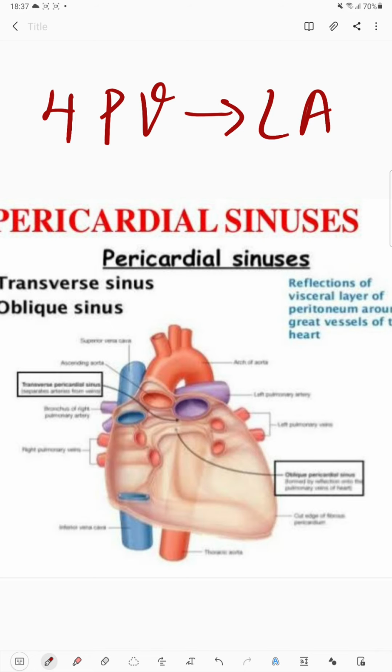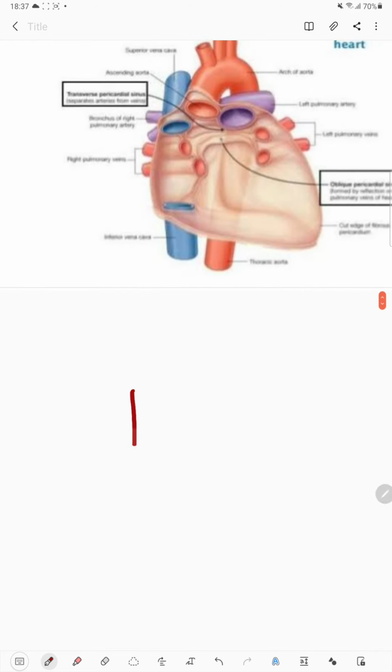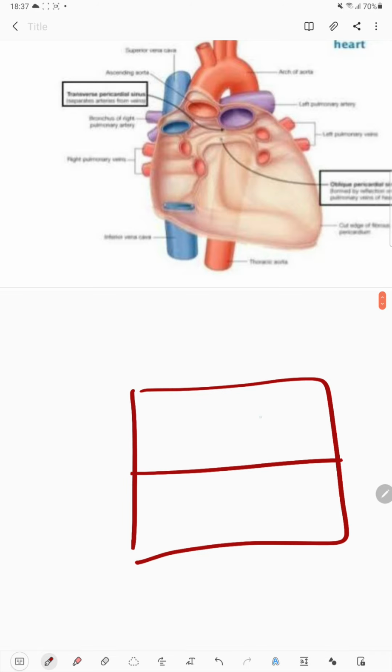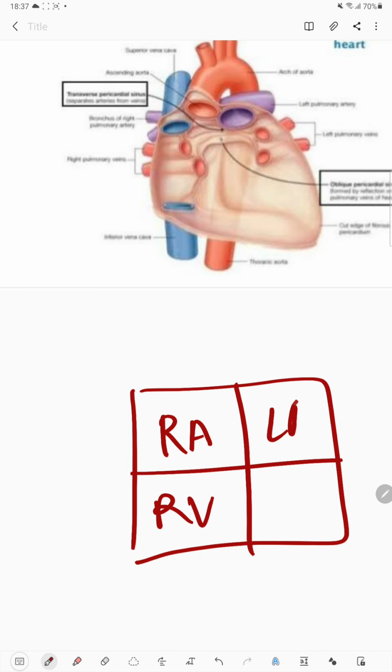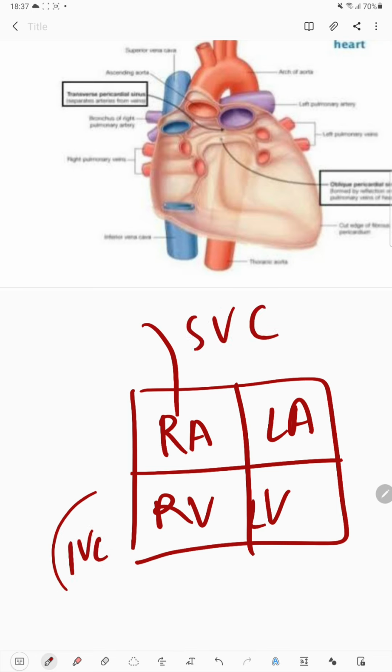The blood from the inferior vena cava and the superior vena cava comes to the, let me draw. Let us say this is the right atrium, right ventricle, left atrium, left ventricle. So from the superior vena cava and the inferior vena cava, the blood is drained into the right atrium.